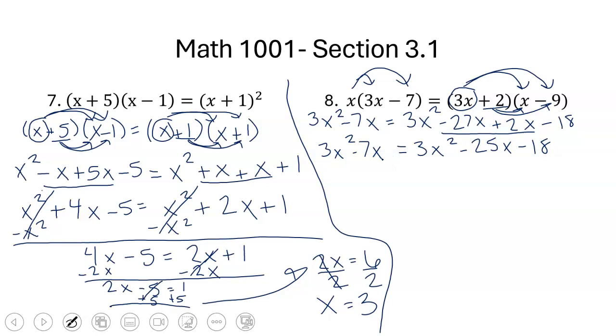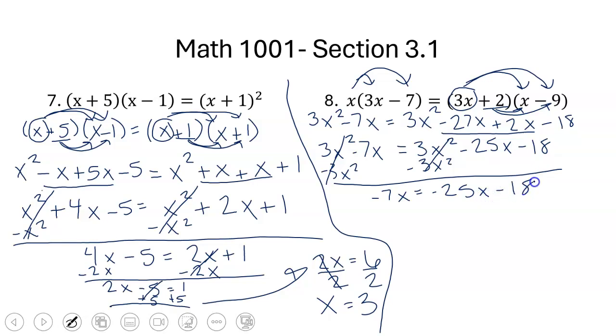All right, let's move our x squareds. You can move any one of them because what happens? They cancel both sides. So bring down that -7x equals negative 25x minus 18. Well, I can't move the negative 7x because it's holding down that left side.